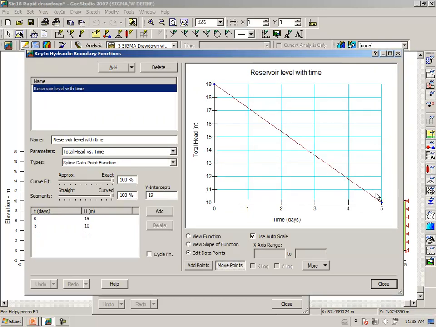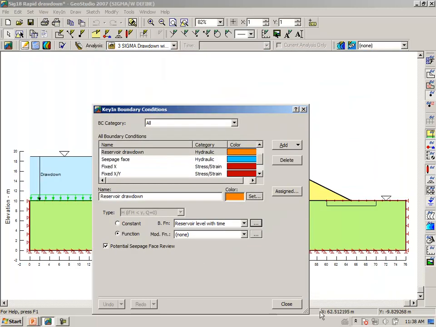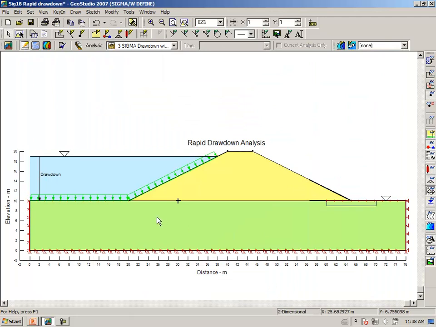The full supply level, drawing the total head. It's the total head that we are drawing down over a period of 5 days. So we have specified 2 types of boundary conditions on the ground surface, which was in contact with the reservoir, and the reservoir is going to disappear with time.